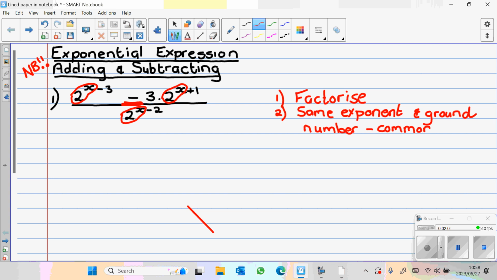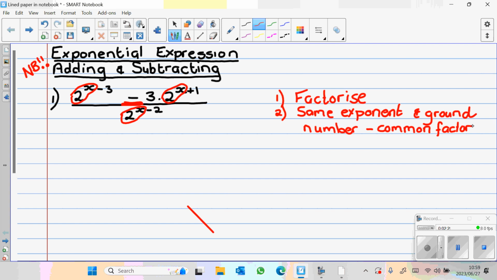So the factorization that is going to have to take place in this case is we are going to have to take out a common factor. But if you look at what you have there, you have a ground number with an expanded exponent. It's not just 2 to the power x. It is 2 to the power x minus 3.